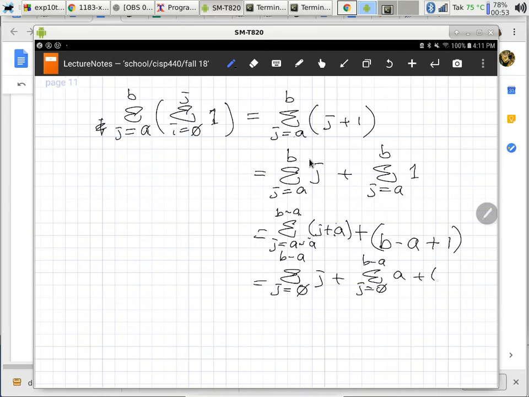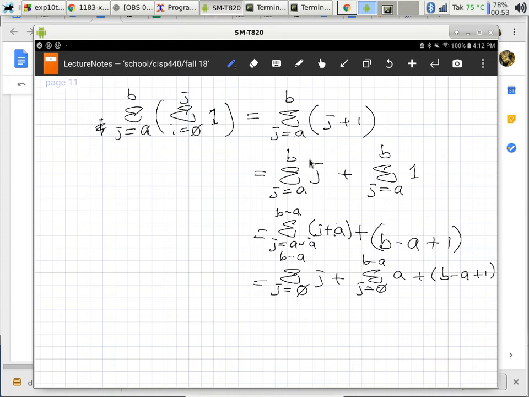And then the last term, we still have the same last term. We'll keep it around like that. So are we okay with this transition? I'm just breaking apart a sigma that has a summation term that is by itself a sum into two different sigmas. Same indexes, same everything, except j goes into its own sigma, and a as a constant goes into its own sigma.